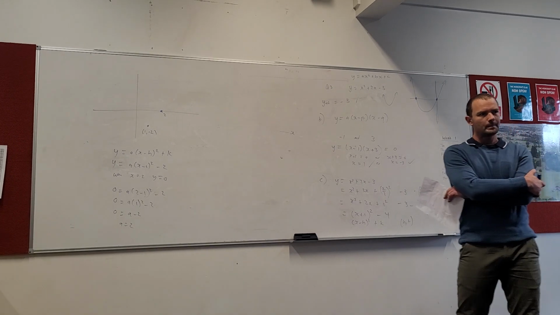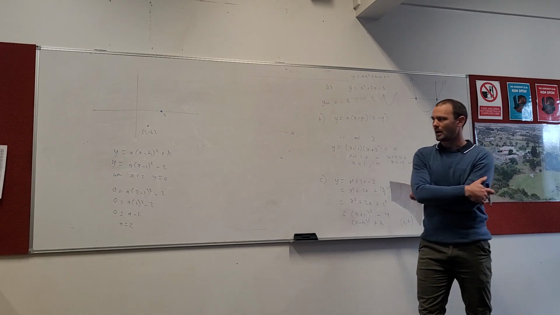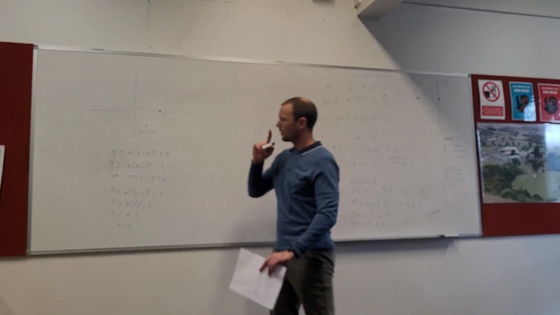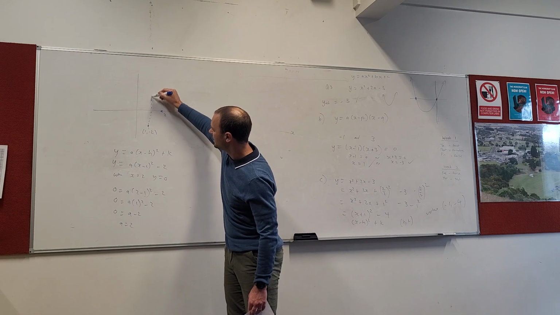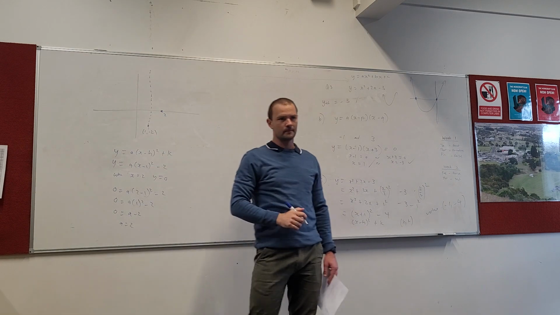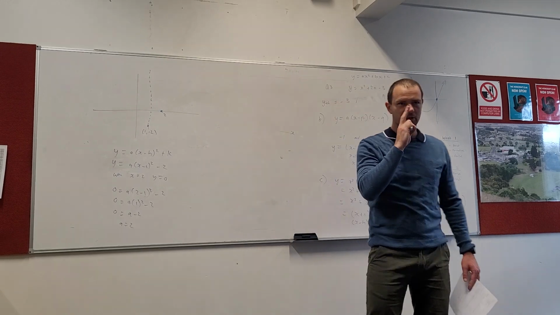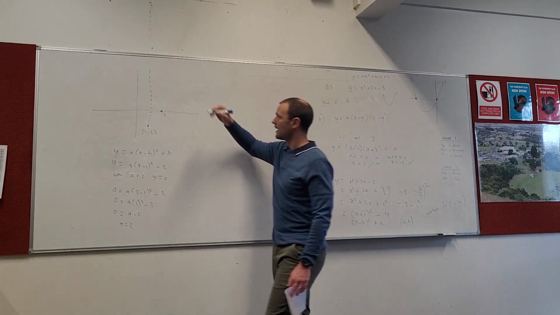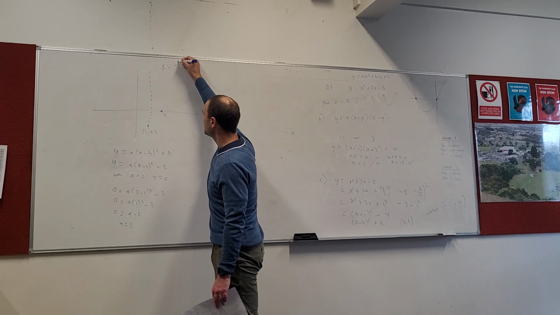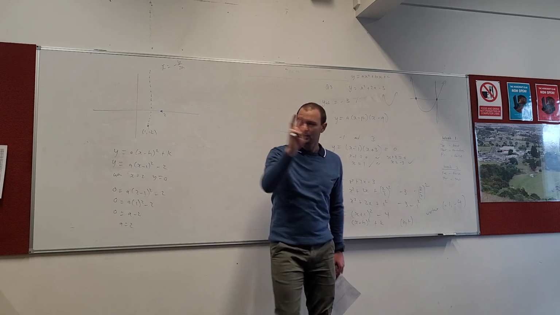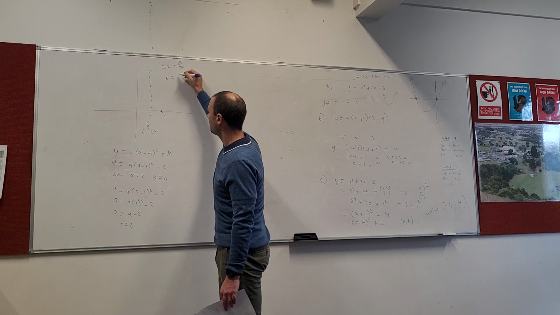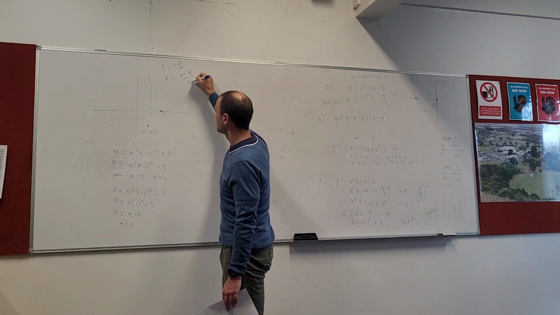The other way to solve this is to go, this is the vertex, but it's also the axis of symmetry. Okay, so I'm making a connection here. Now the axis of symmetry, the x value, you might remember, is at minus b on 2a, but the x value is also exactly halfway between the roots.